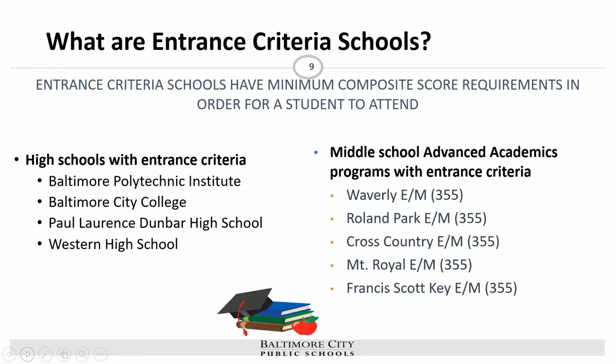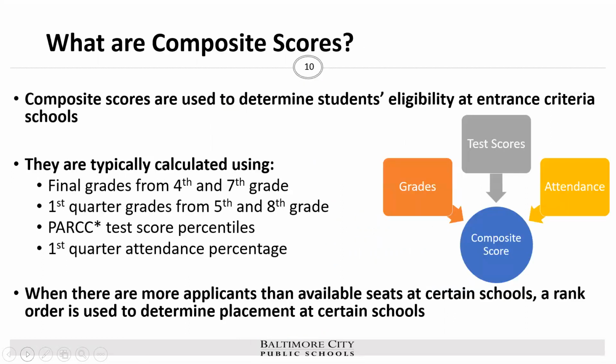At the middle school level, those schools with advanced academic programming are Waverly, Roland Park, Cross Country, Mount Royal, and Francis Scott Key. As stated earlier, you need a certain composite score in order to attend those schools. The composite score is calculated using grade information, your test scores, as well as the attendance information.